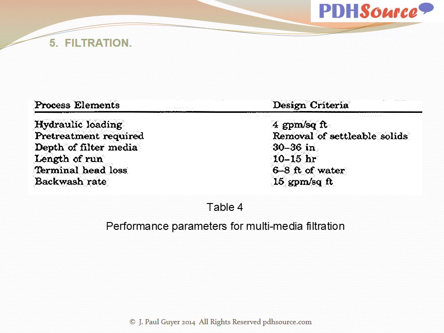Pre-treatment required is removal of settleable solids. The depth of filter media 30 to 36 inches, length of run 10 to 15 hours, terminal head loss 6 to 8 feet of water, and the backwash rate 15 GPM per square foot.